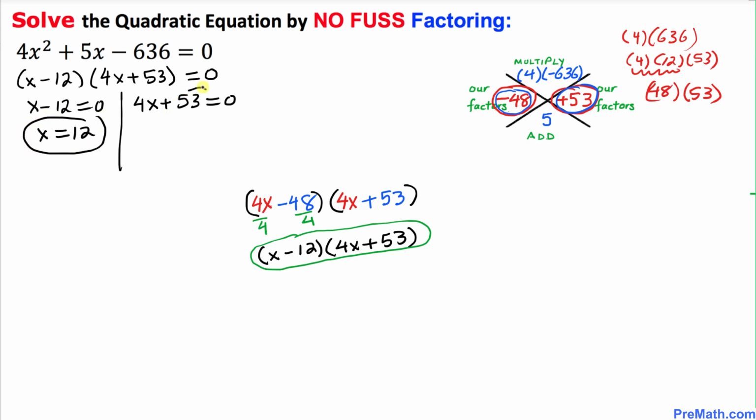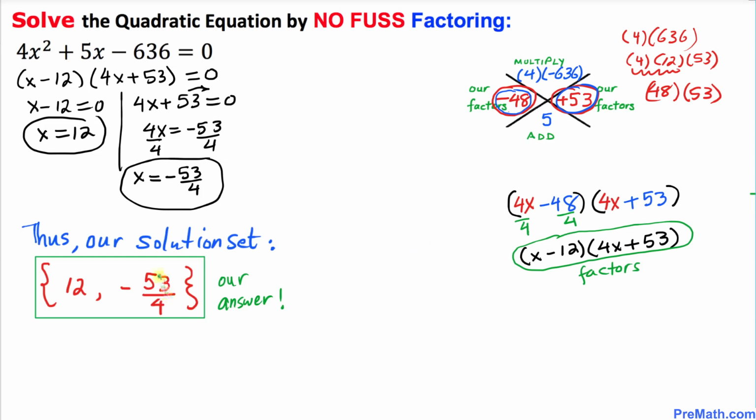And here I'm going to move this 53 to the right hand side, so x equals negative 53 divided by 4. So our other solution is negative 53 over 4. And thus here is our solution set, and that is our final answer.